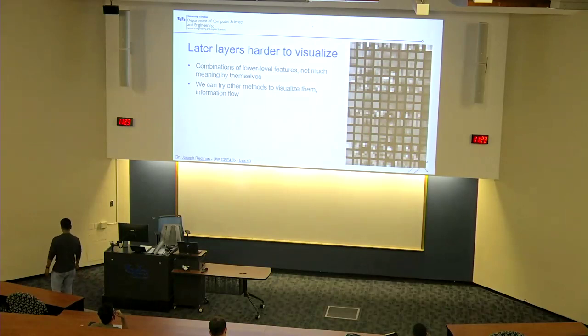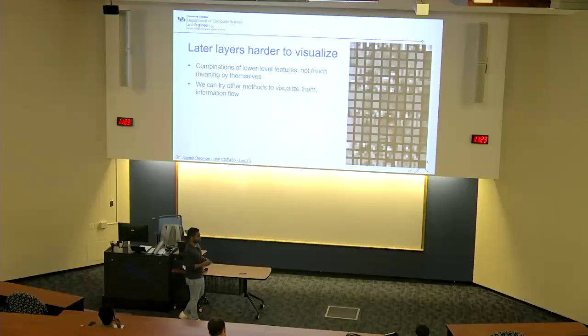The deeper you go, since there's pooling and stuff going on, your outputs are downsampled, which means that when those feature maps go through another convolution and pooling, the outputs are further downsampled. So it gets harder to tell what they're doing.